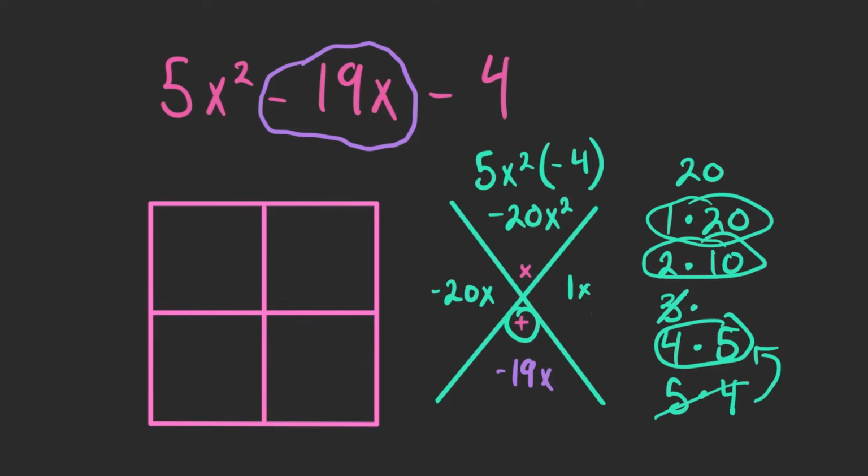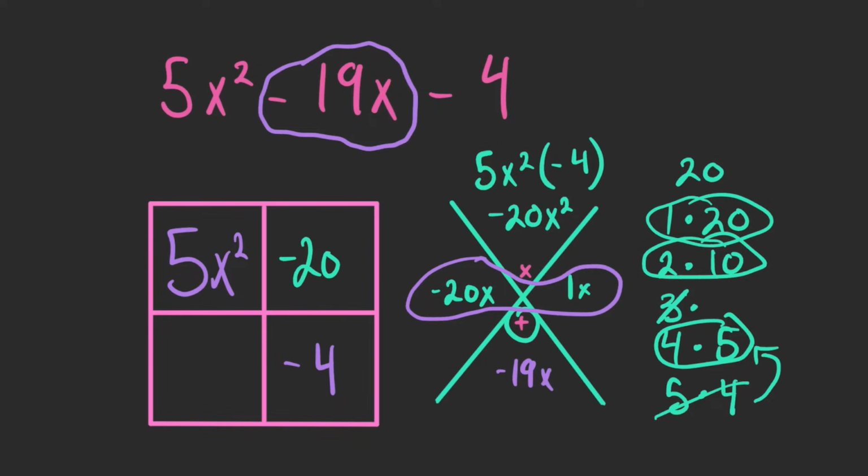Now let's go back to our box. I'm going to put the first term, 5x squared, top left, and my last term, negative 4, bottom right. The numbers that I found are going to go in the remaining 2 boxes. I'm going to put negative 20x here, and if you watched the previous videos, you would know that it doesn't matter what order you place those two in.